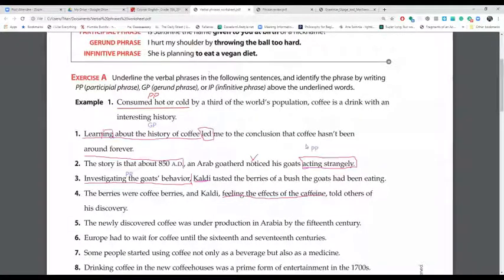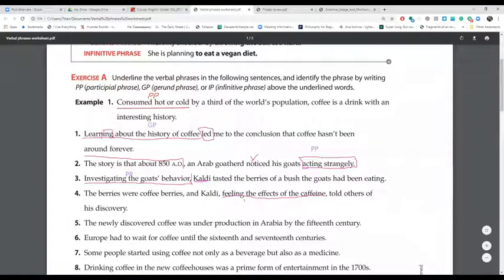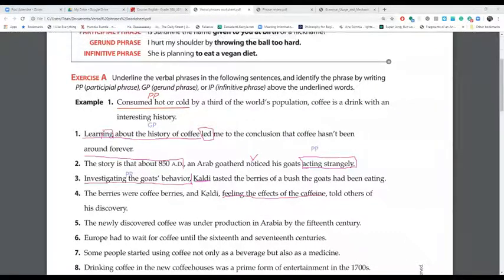What is it modifying here? Was someone feeling the effects of the caffeine? It's the noun, right? The noun was feeling the effects of the caffeine. So it's modifying Kaldi again. So if it's modifying a noun, then it is a participle phrase. Okay, this is a participle phrase.